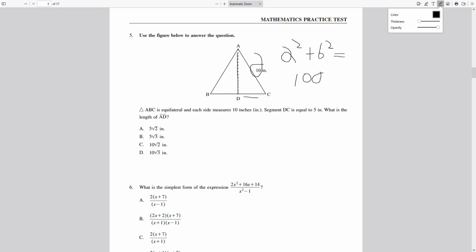A squared plus B squared equals 100. I completely lost my train of thought. Okay, no, it's A squared plus 5 squared equals 100. And 5 squared is 25.